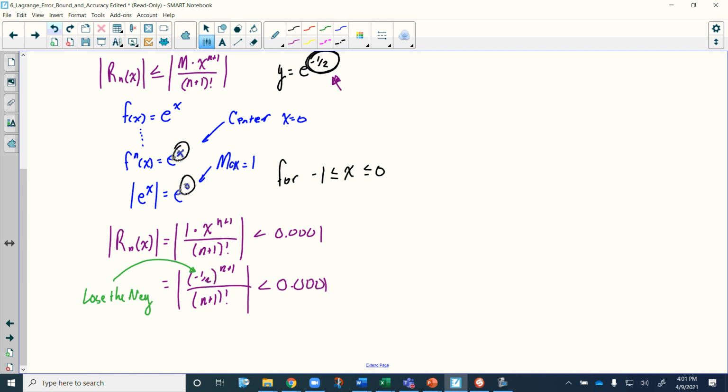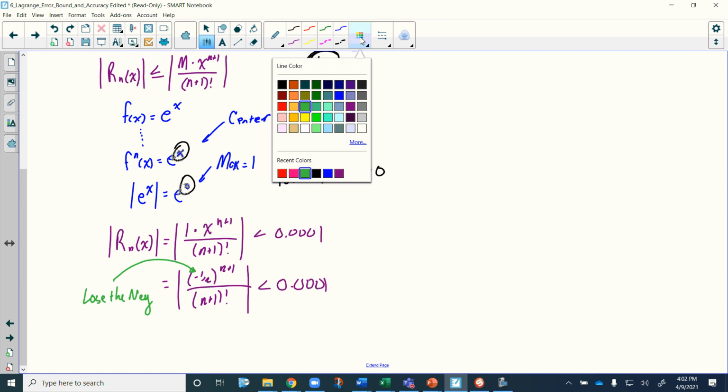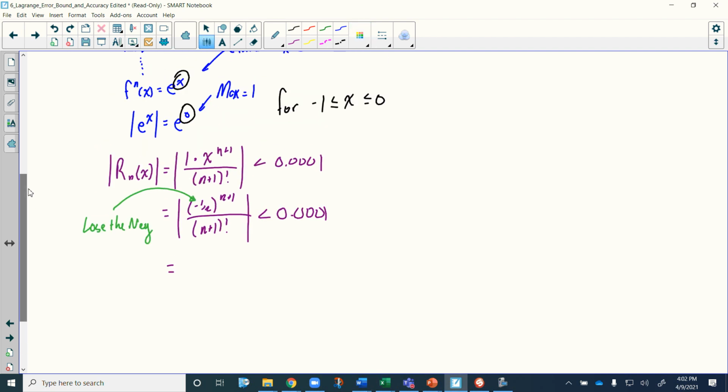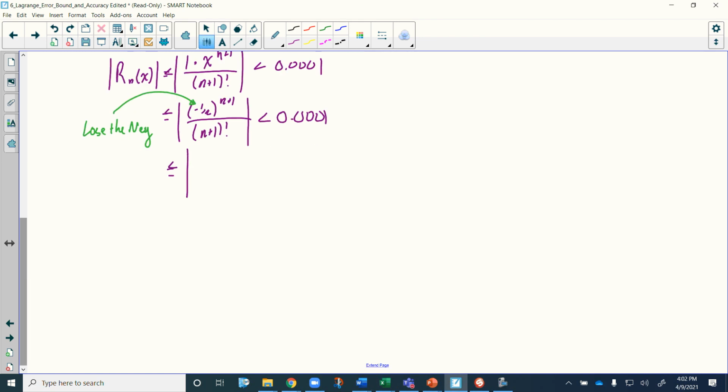My final expression here, going back to my purple color, is going to be, and I keep writing an equal sign here, that should be less than or equal to: the remainder should be less than or equal to 1/2, positive because it's inside an absolute value so everything's going to be positive anyway, to the n plus 1 power over n plus 1 factorial. Let me just erase that because that's not working.